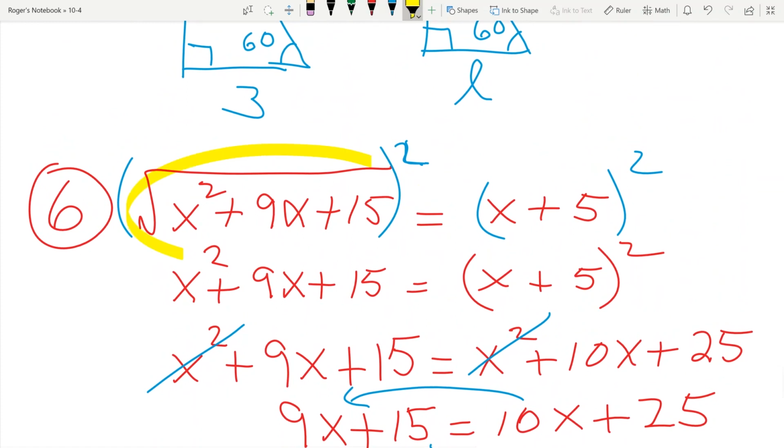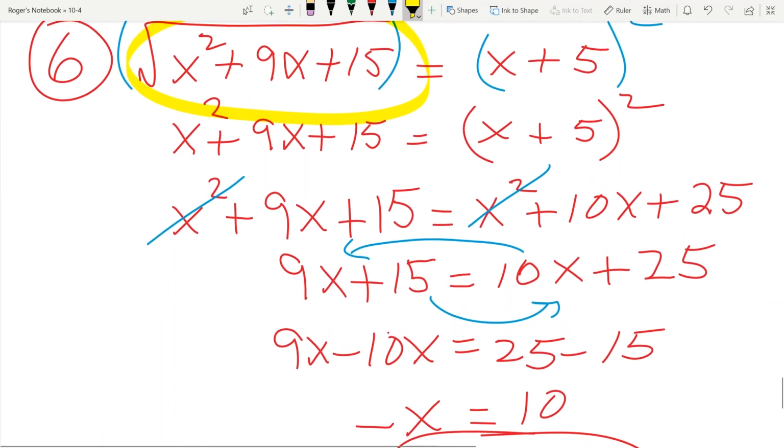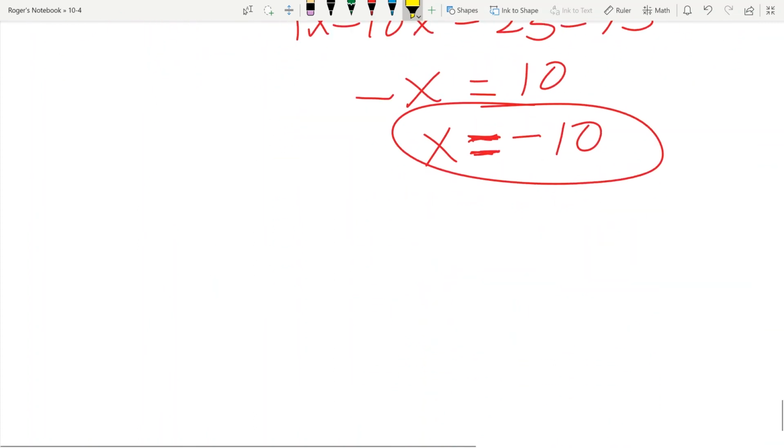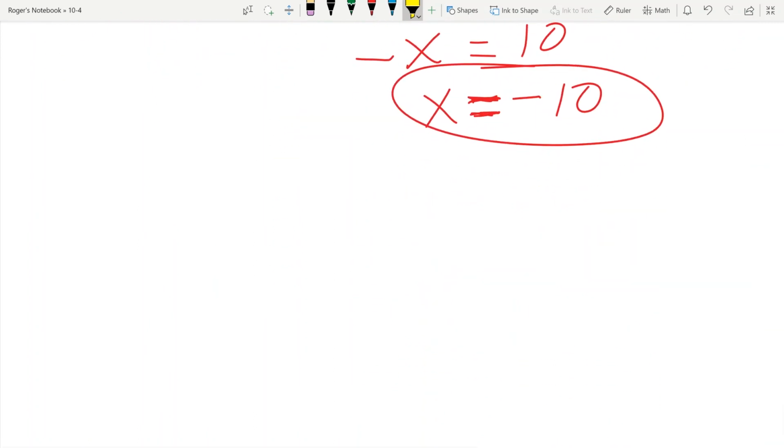But let's go back up here to the top and notice that this right here is a principal square root. That means it is the non-negative root. And since it's the non-negative root, it cannot be equal to a negative on the right. So what is x plus 5 on the right? Let's go back here and study this a little bit.